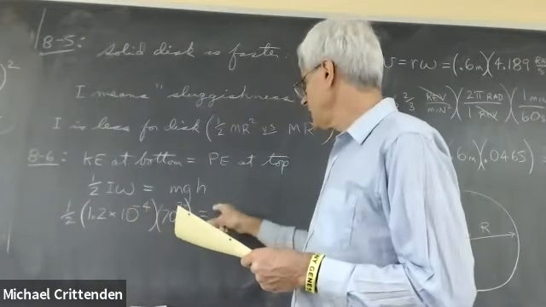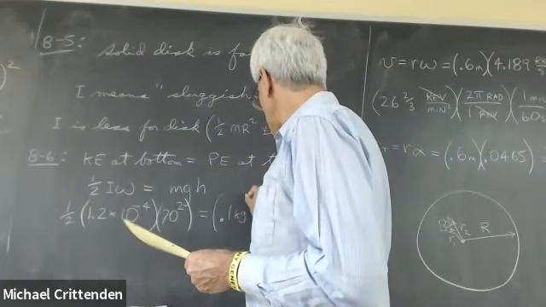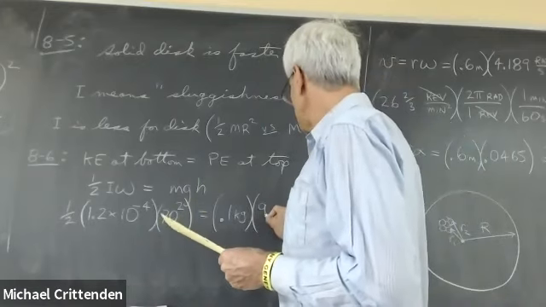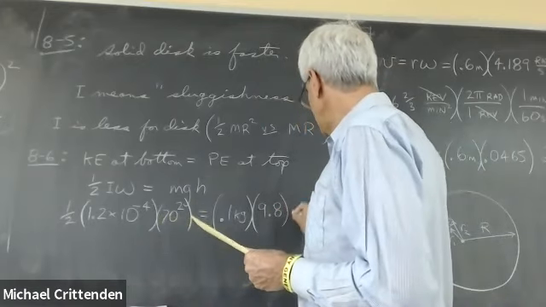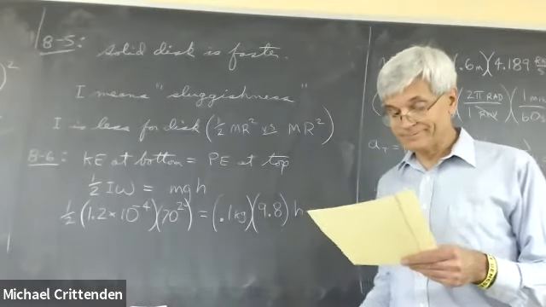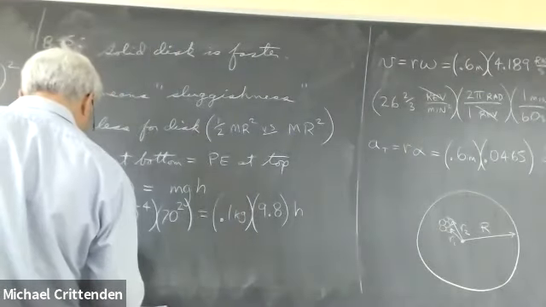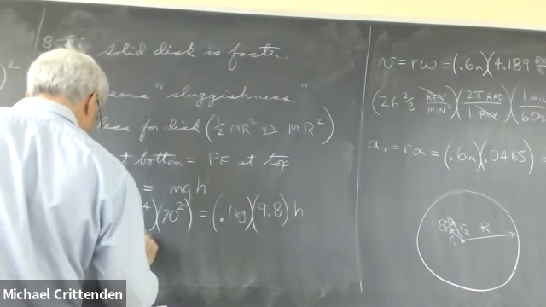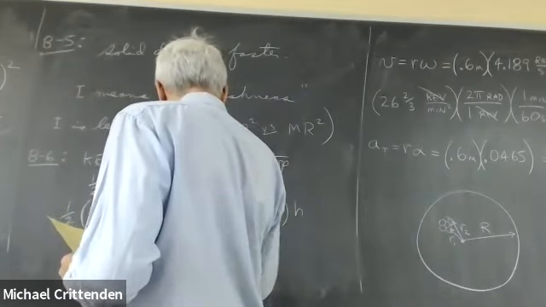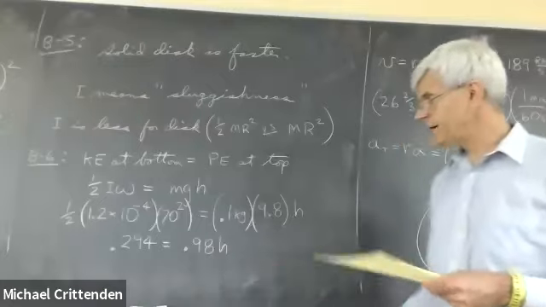One half I omega squared. Over here, mgh. Mass is 1/10 of a kilogram, given in the question. G is its usual, 9.8. H, the height that it climbs to, is what I want to know. That times 70 squared comes out 0.294. 0.1 times 9.8 equals that.